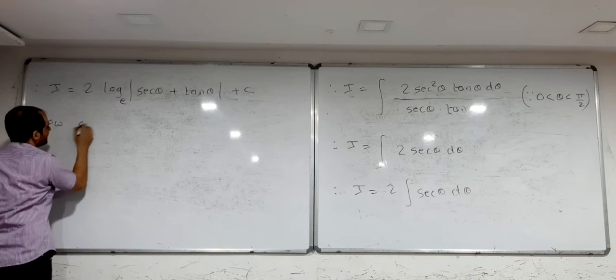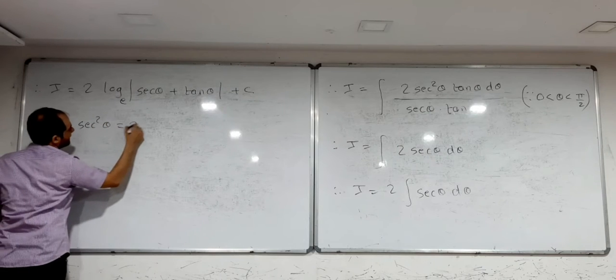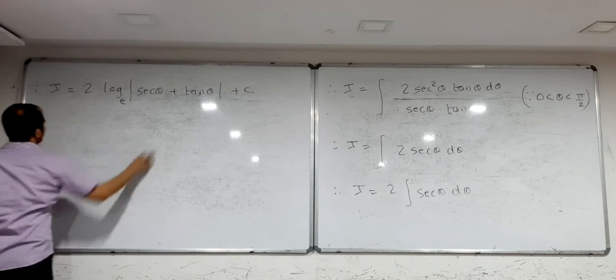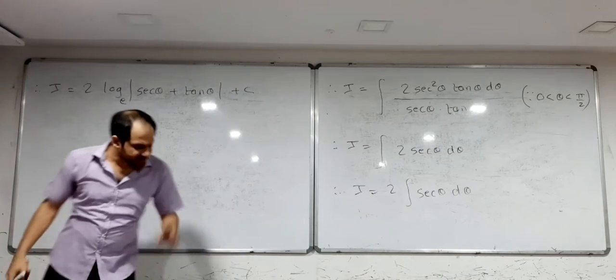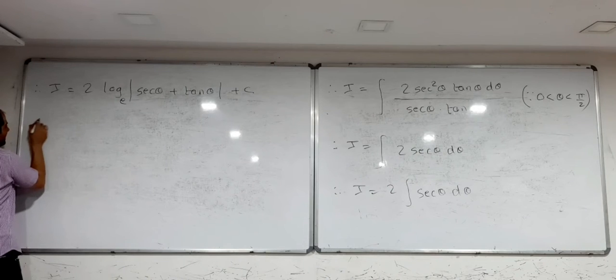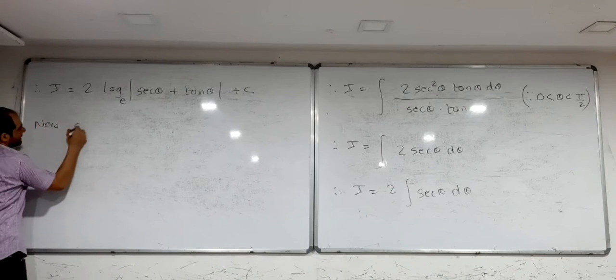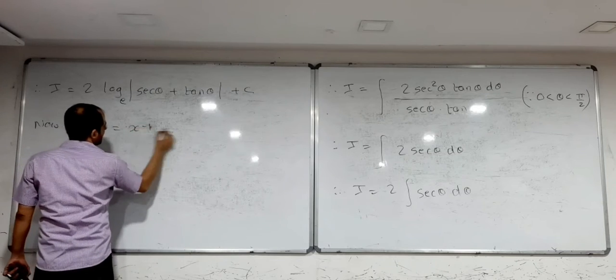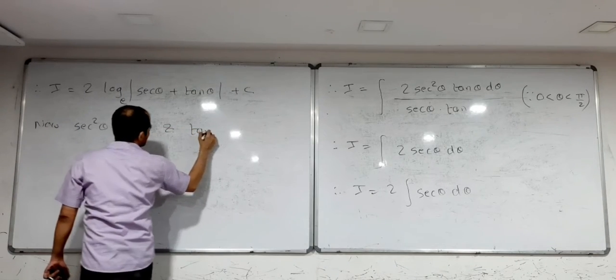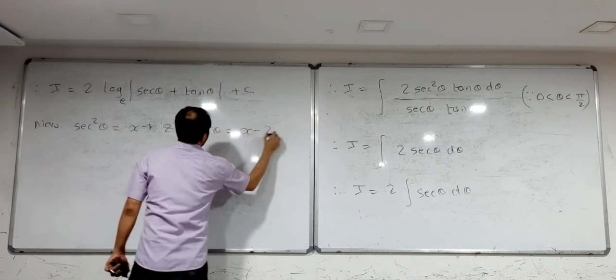Now how much was sec square theta? Sec square theta was x minus 1. And tan square theta was x minus 2.